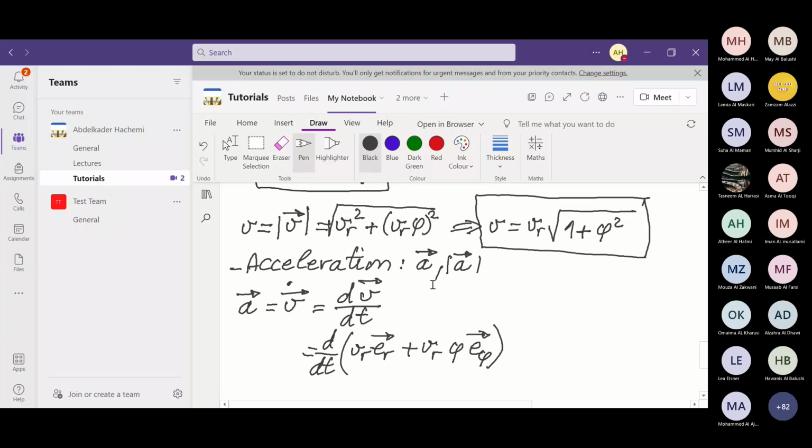The time derivative is the same principle as before.